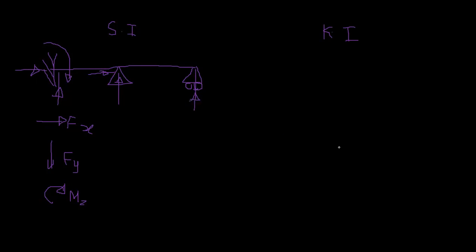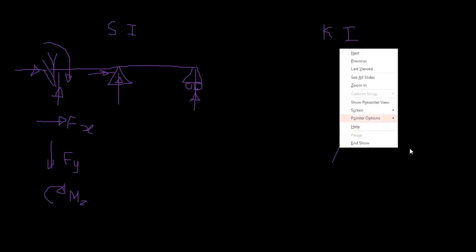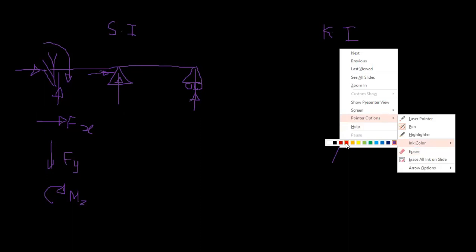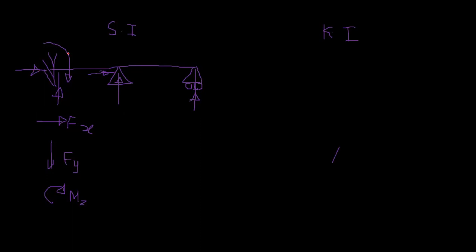So altogether, how much? 1, 2, 3, 1, 2, 3, 4, 5, and 6. Six unknowns, and you have three equations.